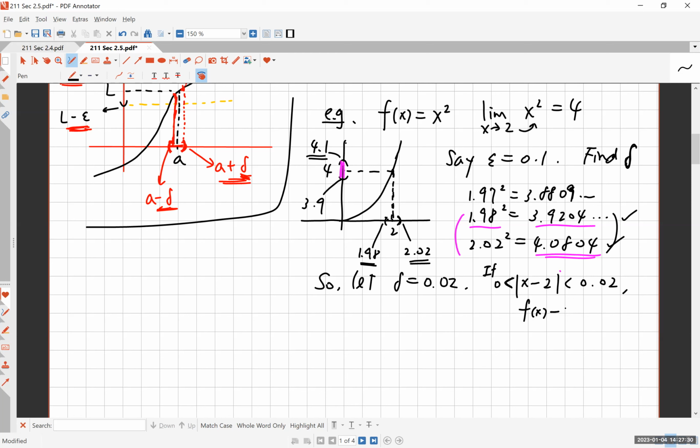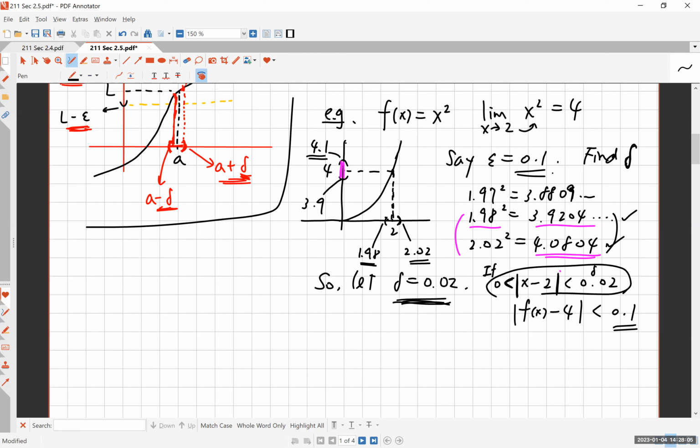So the difference between these values and 4 would be less than 0.1, right? And so that, of course, is the epsilon. I have picked delta such that whenever this condition is true, that 0 less than the absolute value of x minus 2 less than delta, then f of x minus L, which is 4, is going to be less than 0.1. All right, so that delta does the job for this particular epsilon.